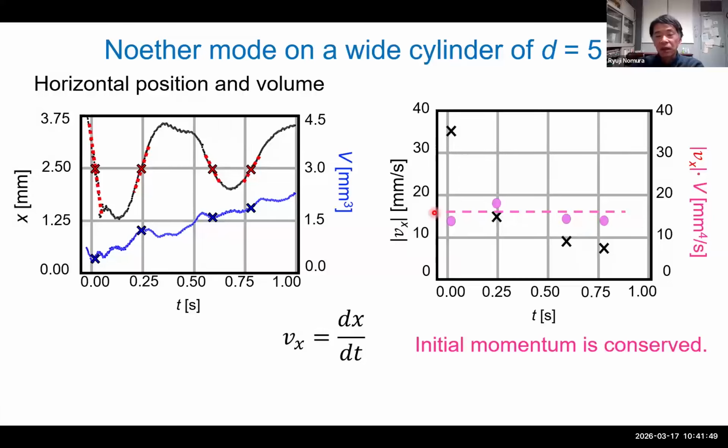And this means that during the droplet oscillation, the initial momentum is conserved. This supports the identification of the horizontal mode as a Nater mode, because it should keep the momentum.